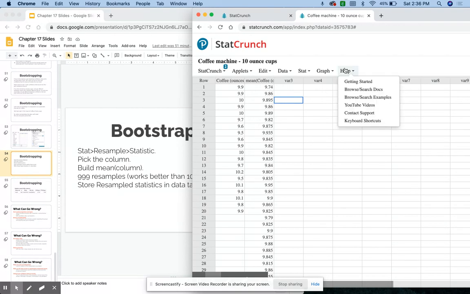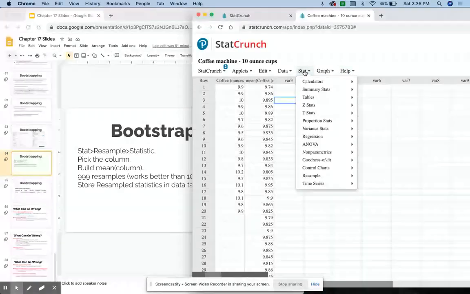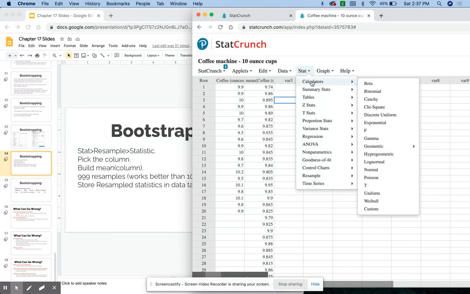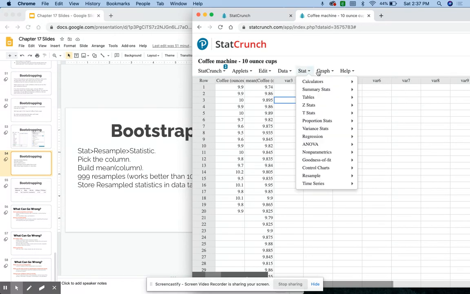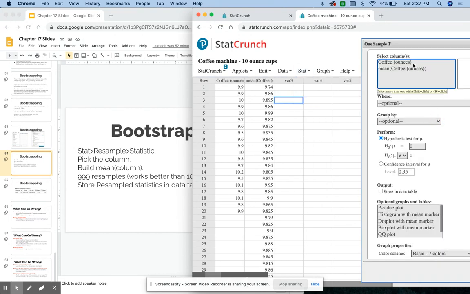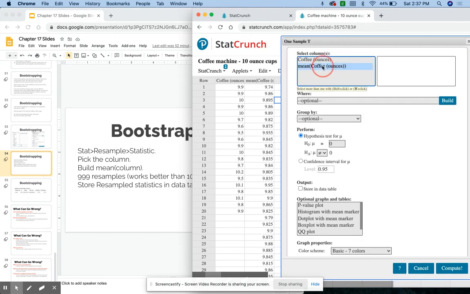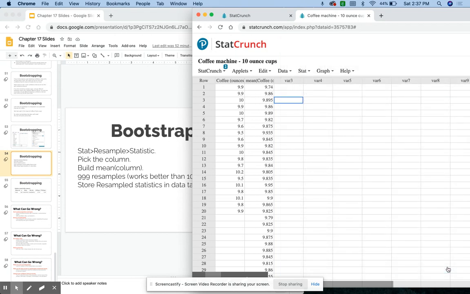And so then, building the confidence interval off of that, you would have to do Stat, Calculators, T calculator. And when you select that, or excuse me, Stat, T Stats, One Sample with Data. We still have raw data, but now let's look at it when we use the mean of the coffee ounces and not just our one sample, and you click Compute.